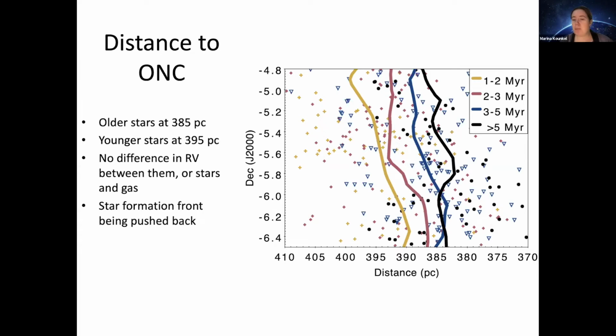It's a very busy plot with a lot of different points, but just pay attention to the lines that are averages of all those points. The oldest stars are found slightly closer to us, at a distance of approximately 385 parsecs. And the youngest stars are found slightly further away, at approximately 395 parsecs. So you have a star formation that has propagated through the cluster by a considerable margin of approximately 10 parsecs.